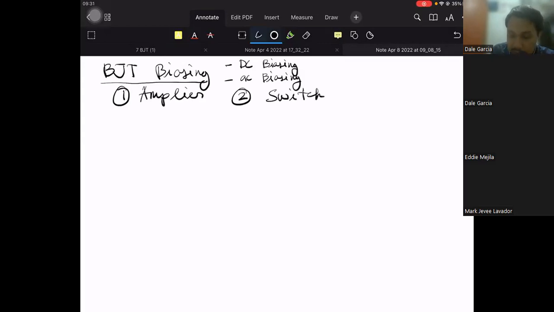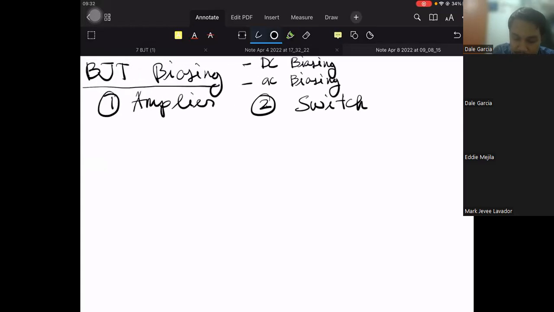I emphasized that last meeting. For the most part, we will only focus on biasing the BJT as an amplifier. The switch we'll touch on later, but technically it's easier. Biasing a BJT as an amplifier is more complex.